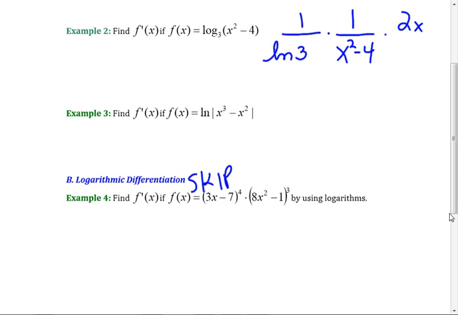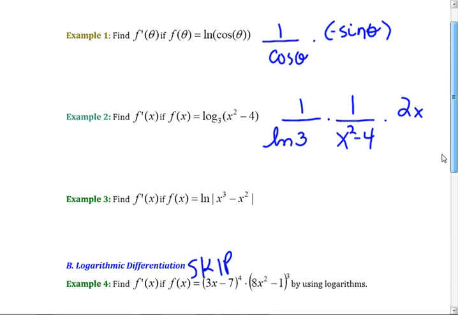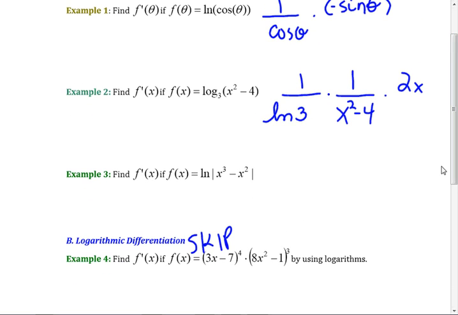What about this one? Yes, but you can't do anything with it. Who cares? Now, remember the derivative of absolute value is the absolute value of x over x. So this is going to be 1 over the absolute value of x cubed minus x squared.